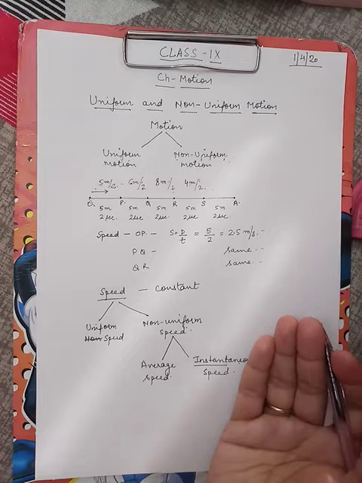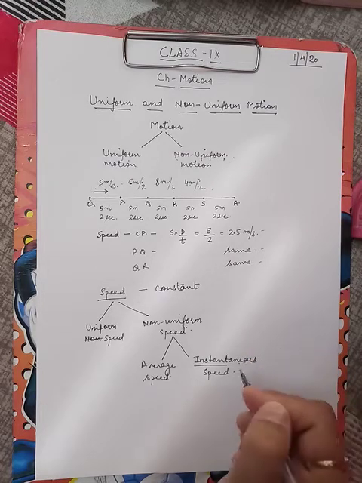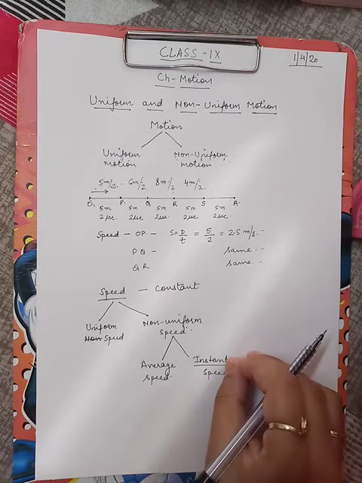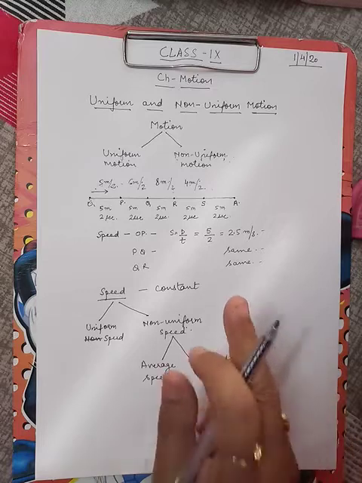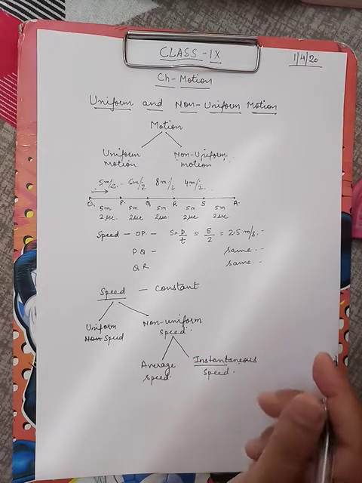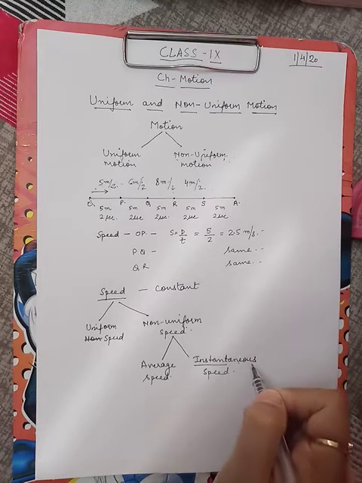Suppose at 10 o'clock exactly, what was the speed of my car? Then I can note 10 o'clock on my watch, and if the speedometer of my car is showing 95 kilometer per hour, then that will be the instantaneous speed.